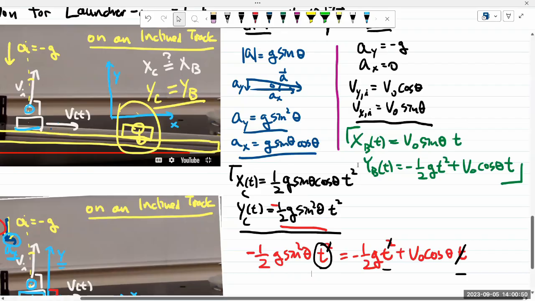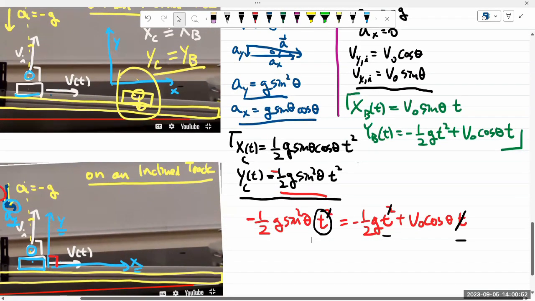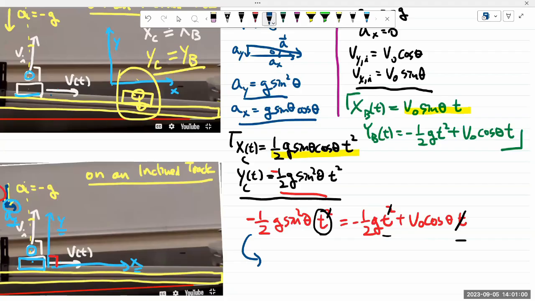Let me solve for t, and that'll be the tool I need to figure out if this expression will be equal to this expression. In the interest of time, let me just do that in my head. Watch and see if there's any mistake, and if there's a mistake, let me know. So t is going to be equal to V naught cosine theta over 1/2 g, 1 minus sine squared theta.